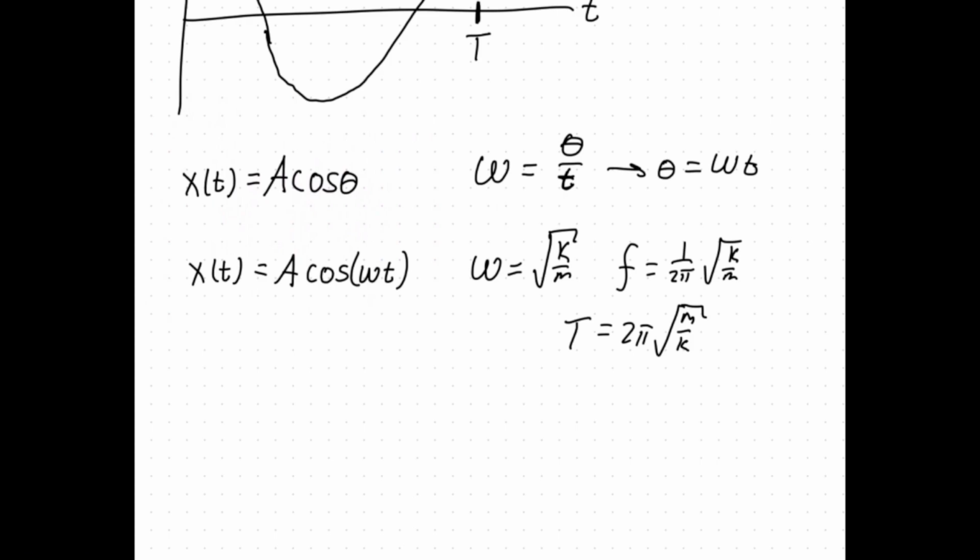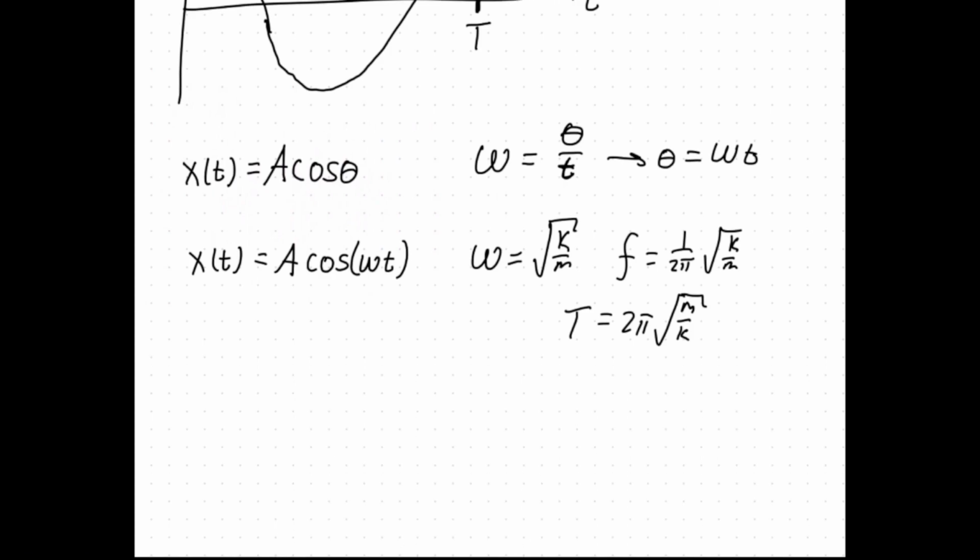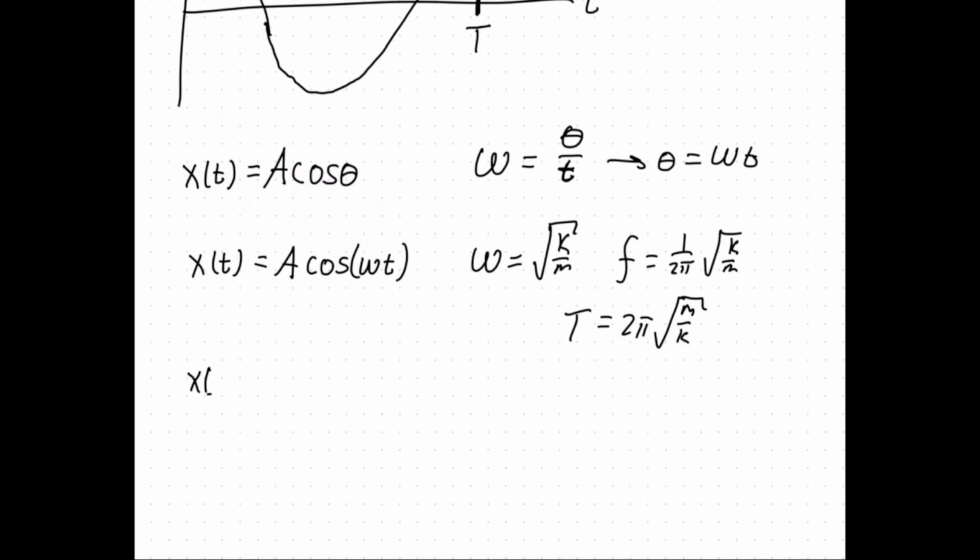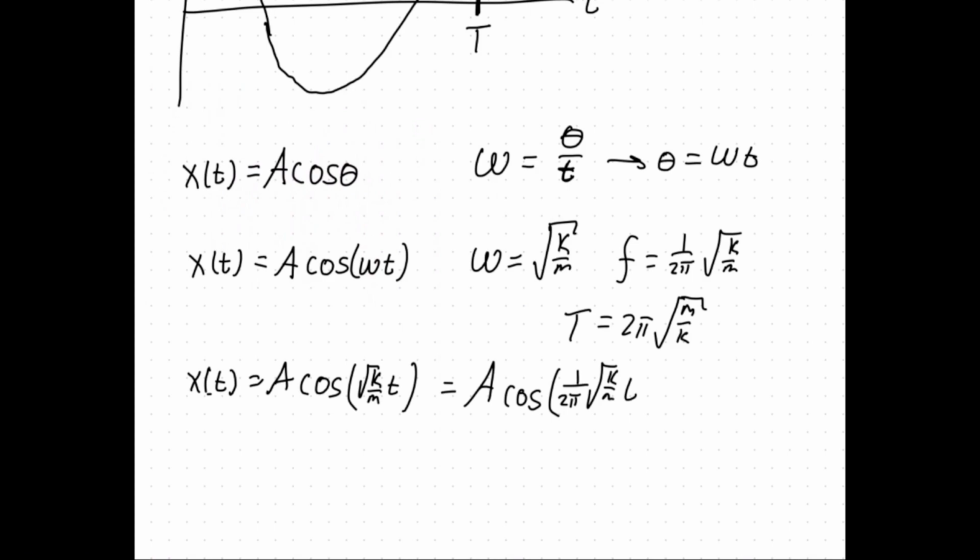And I can plug all this stuff in, and what I can ultimately get is that my x of t is equal to either A cosine omega t or A times cosine of the square root of k over m times t. It's also equal to A times cosine of 1 over 2 pi times the square root of k over m times t.